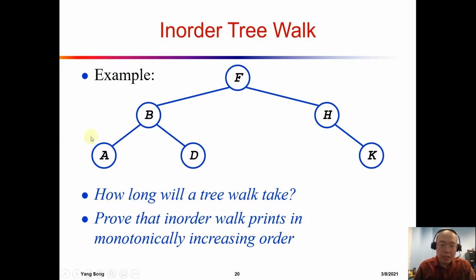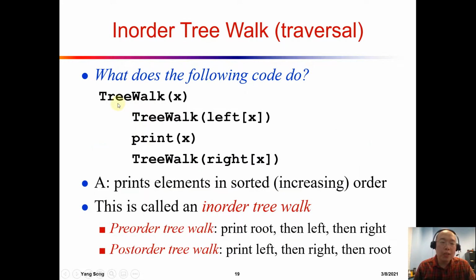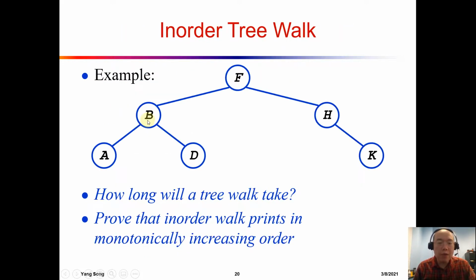This means if B has a left child, this left child is guaranteed to be smaller than or equal to B, right? So when we are doing the in-order tree walk, we will touch the left subtree before coming to B. So this will guarantee that all the values smaller than B will be touched and printed before we print the value of B, right?